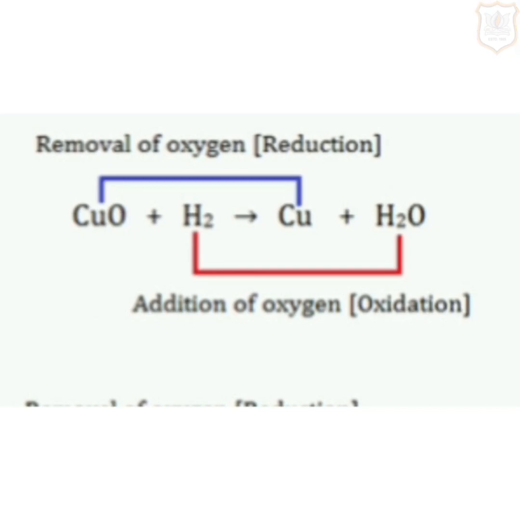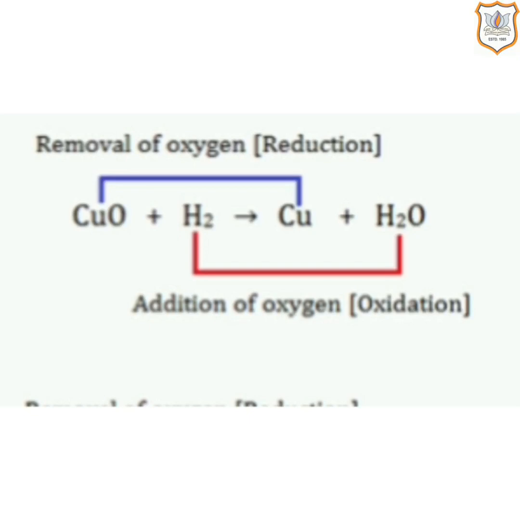Look at this example. Here we see when copper metal comes in contact with oxygen, copper oxide is formed. But when hydrogen gas is passed over this heated copper oxide, the black coating surface turns brown as the reverse reaction occurs and copper is obtained.